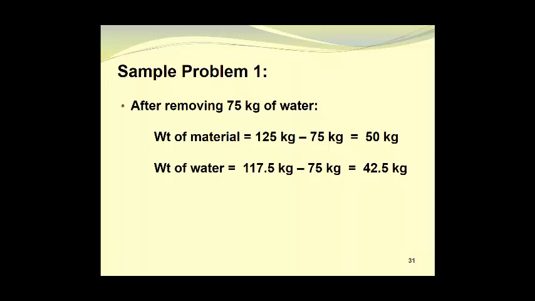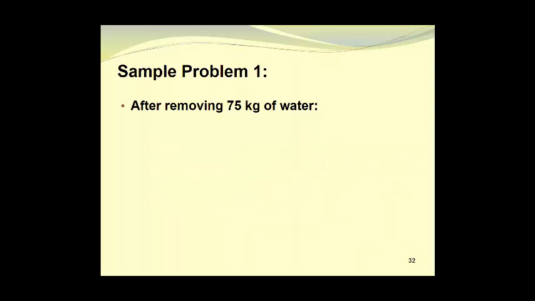The weight of water will be equal to the 117.5 kilograms of water at the start minus the 75 kilograms of water removed, which gives us 42.5 kilograms of water in the material after the water removal. The weight of the solids will remain constant since no solids are lost in the drying process, and this value will be equal to 7.5 kilograms.